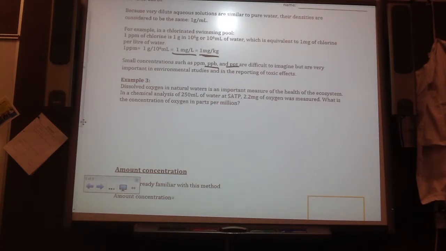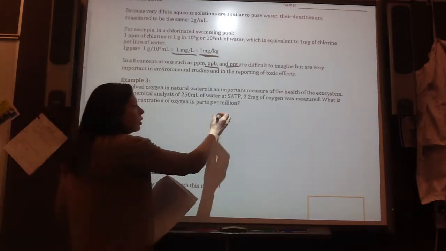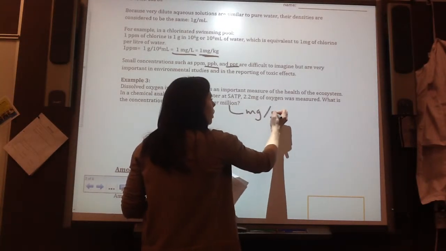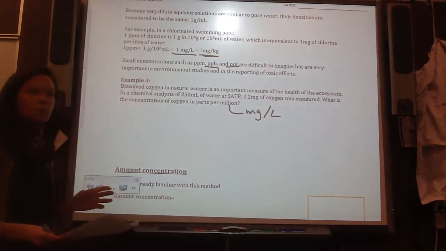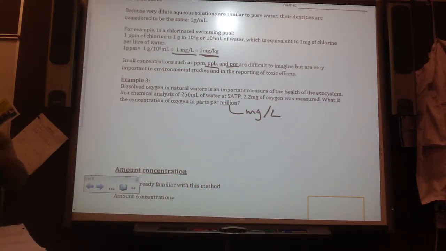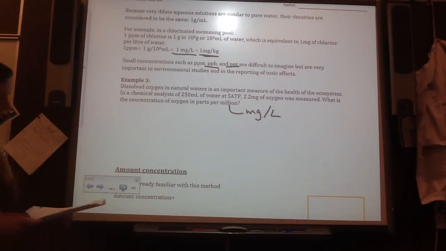In a chemical analysis of 250 milliliters of water at SATP, 2.2 milligrams of oxygen was measured. What is the concentration of oxygen in parts per million? Here it seems our best unit to use will be milligrams per liter, because that's our measurement of parts per million that is most applicable here.